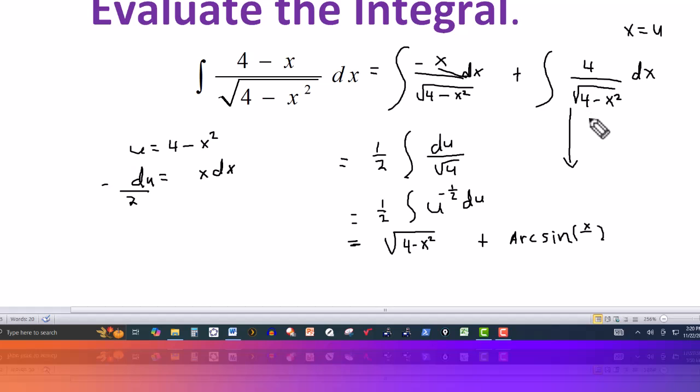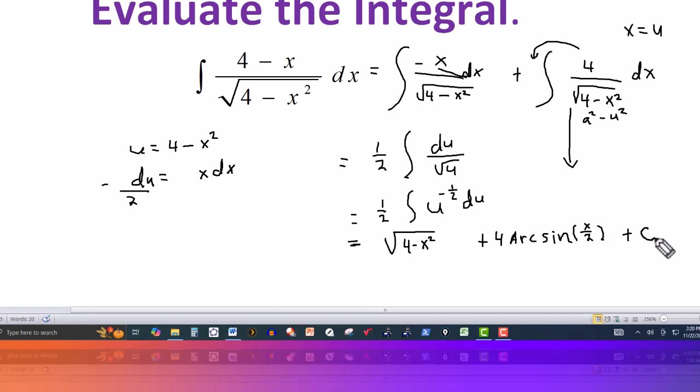In the formula it was written this way, a squared minus u squared, but x plays the same role as u. And then because we got 4, a would be 2, so it should be x over 2 here. And then of course we have this constant, which we could bring out here. You get the same answer. And then the 4 comes along for the ride here.